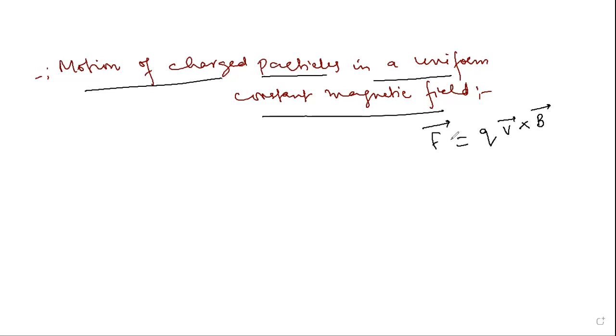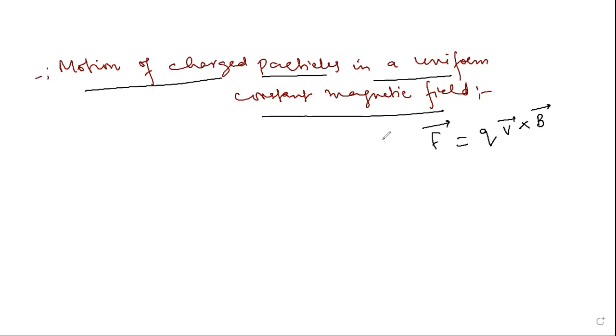So that means this magnetic force is a deflecting force. It will always act perpendicular to the velocity of the particle, and since it acts perpendicular to the velocity of the particles, it cannot change the speed of the particle.